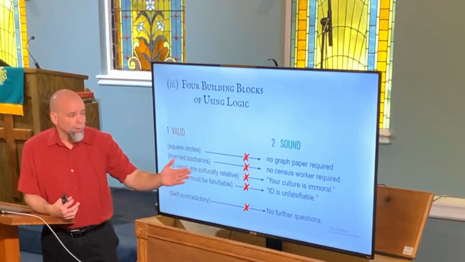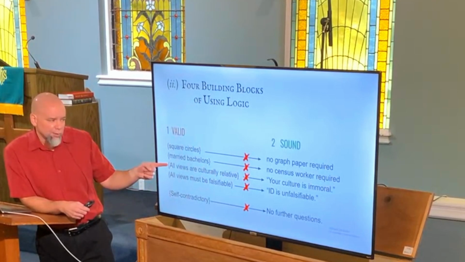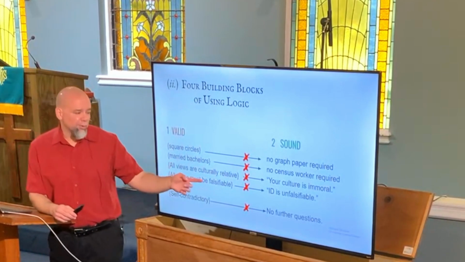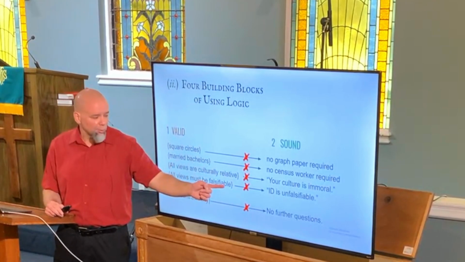Here's what's going on. Or somebody that said, and this is a little bit tougher to see, and when we do our week on science, we'll see it: all views must be falsifiable. All human propositions have to be falsifiable. Now, in order for a scientific statement to work out, it has to be, in principle, falsifiable.